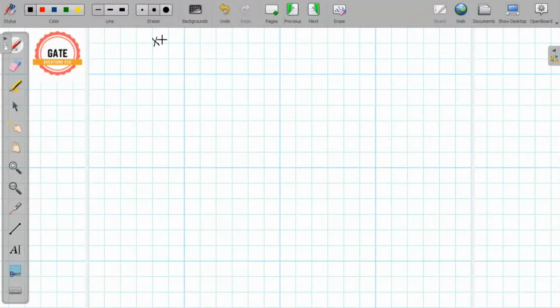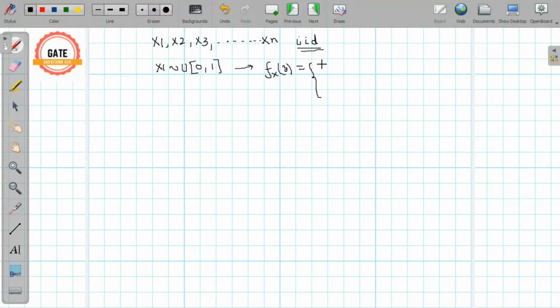It is given that all these random variables X1, X2, X3 up to Xn are independent and identically distributed, so these are i.i.d. random variables. Also it's given that X1 is distributed uniformly over the interval 0 to 1. So we can write from this that the PDF of X for sample value small z will be 1 for z lying in 0 to 1 and 0 otherwise.